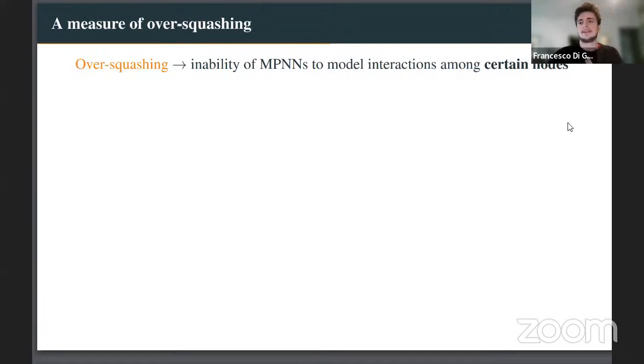Now, so far, we haven't really been talking about oversquashing, but this is where we make our claim. All of the previous works seem to suggest that oversquashing has to do with the inability of MPNNs to exchange information between different nodes, and therefore to model interactions between different nodes.